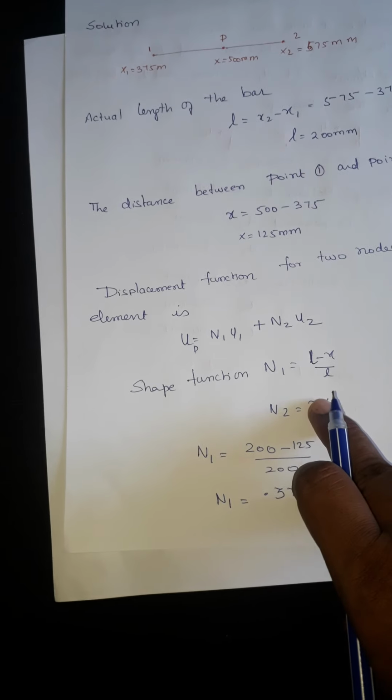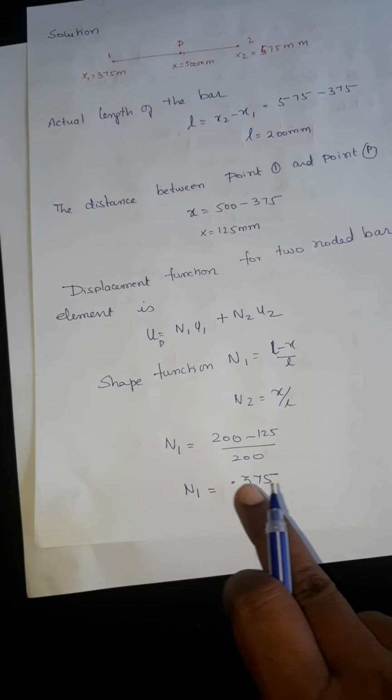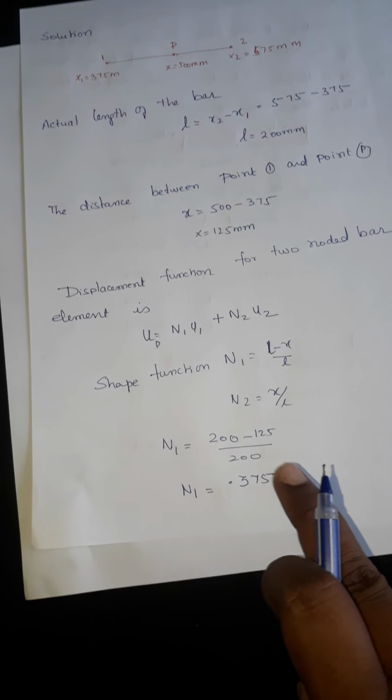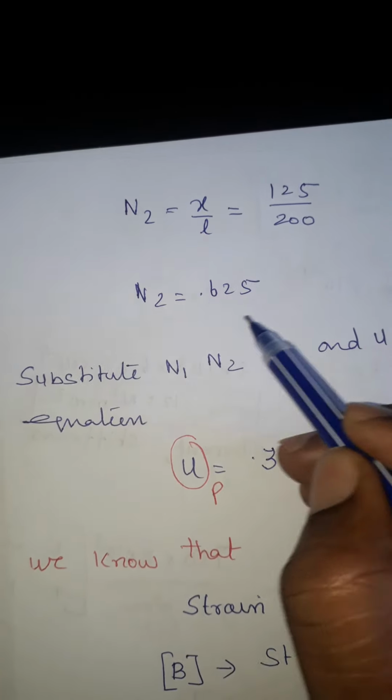The same thing here, N2 is 125 divided by 200. Don't use any units here. These are the shape functions, and N2 is x by L.